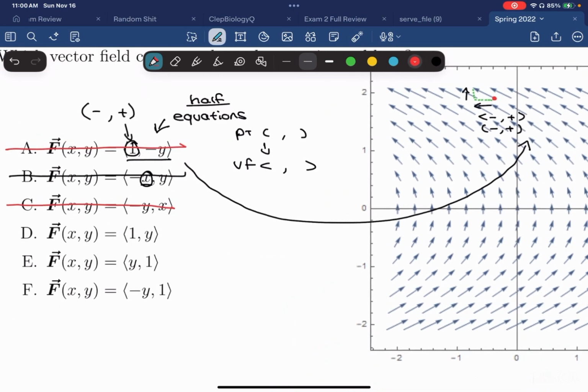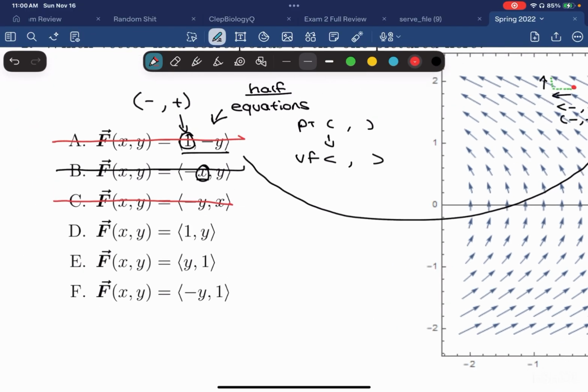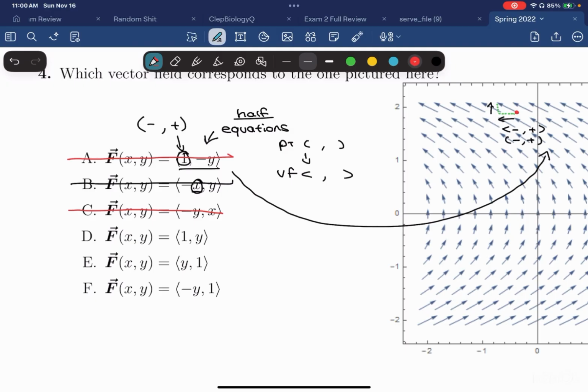Okay, D. D starts at 1. Since 1 is a positive vector, that's already wrong, because our vector should be negative.